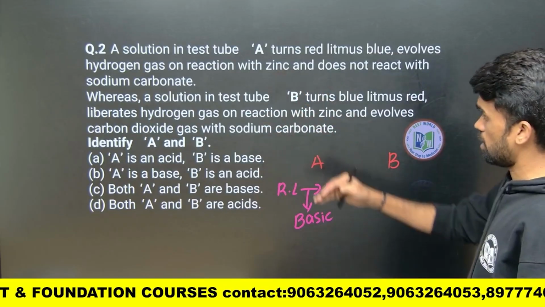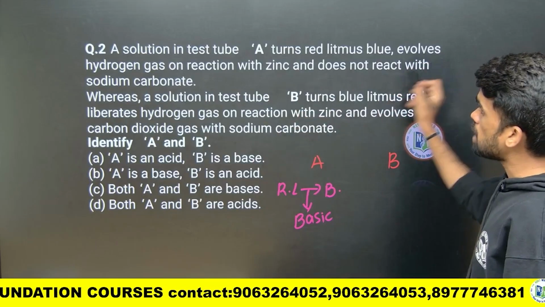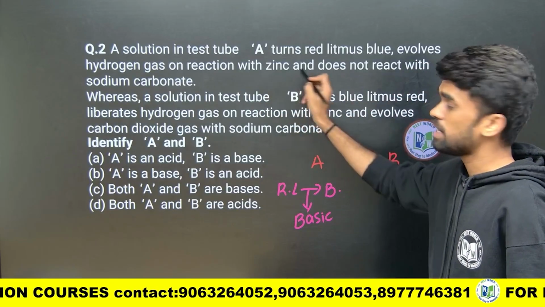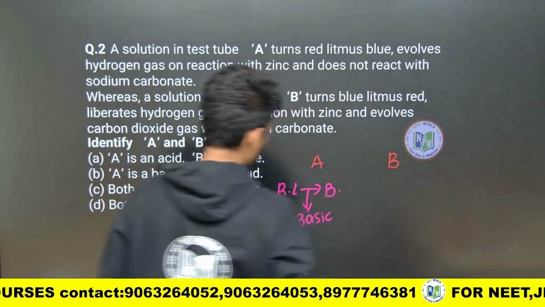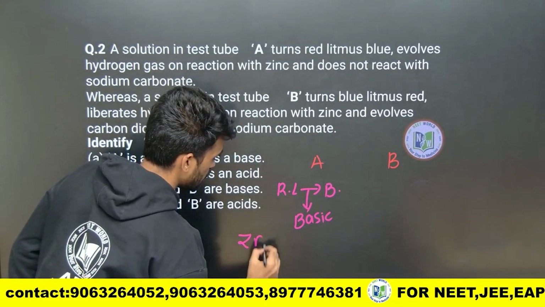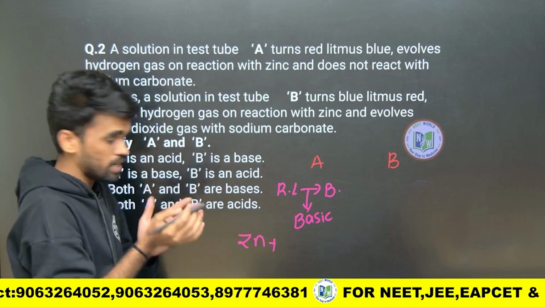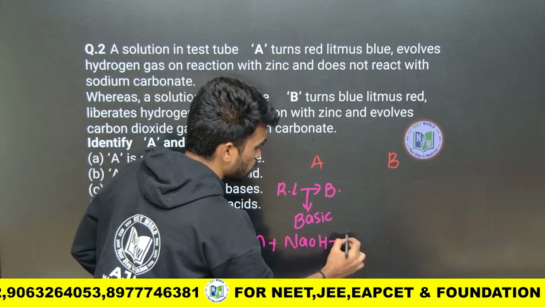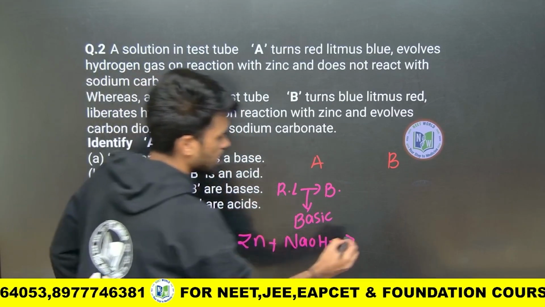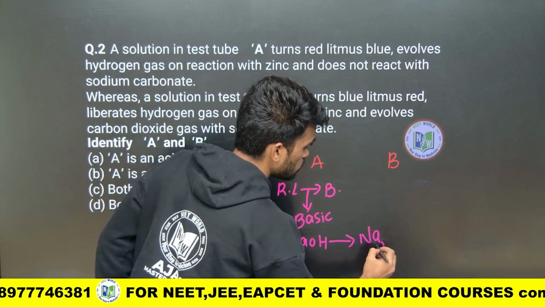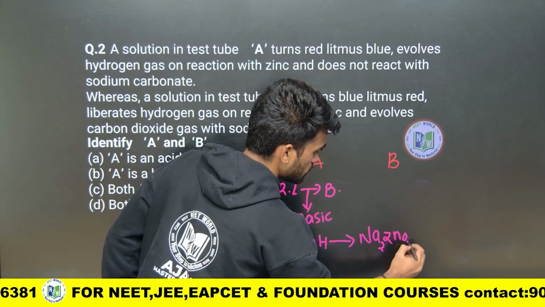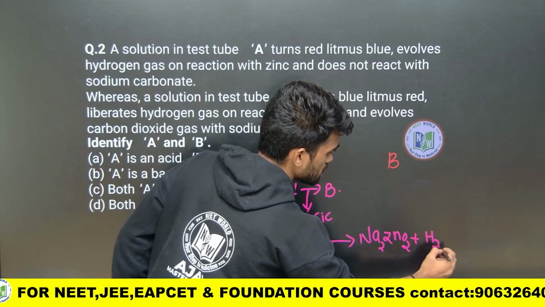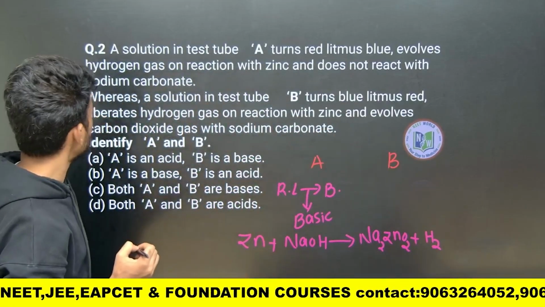Let us read completely. And it evolves hydrogen gas when it reacts with zinc. Let us say I have zinc metal and a basic medium, let us say I am taking NaOH. So what will be produced? It will produce sodium zincate, Na2ZnO2, plus H2 gas. So that is what they are saying.